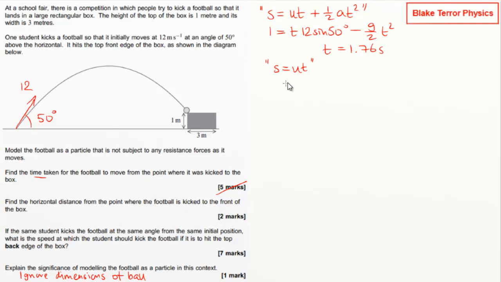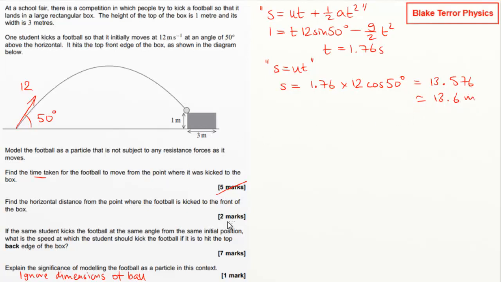So s is equal to 1.76 multiplied by 12 cos 50 degrees. That's easier to calculate, and it's coming out at 13.576, so let's say 13.6 metres.